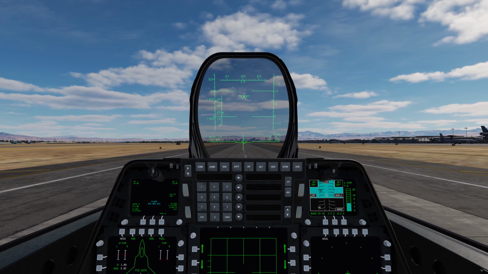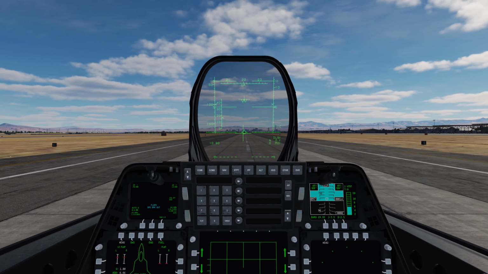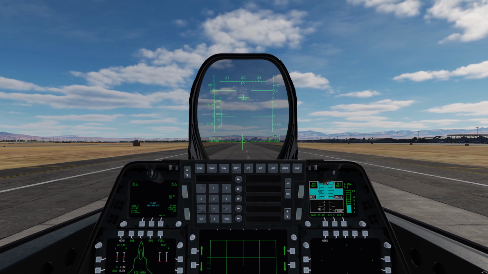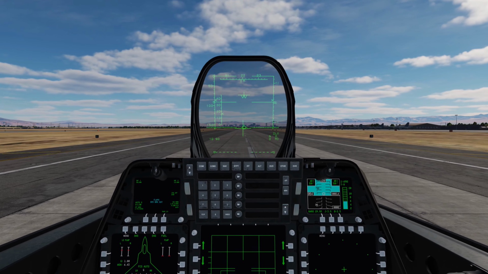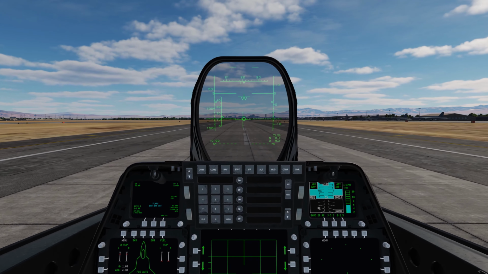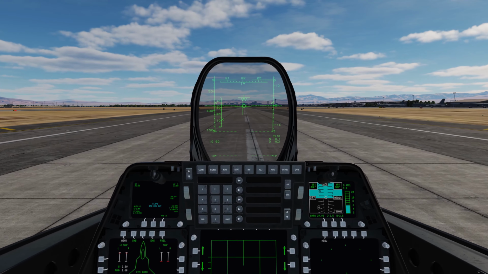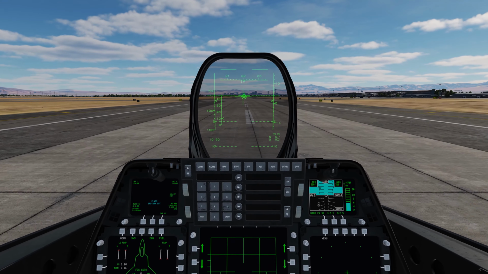Touchdown. Nose really wants to point up. You gotta watch that. Perfect.